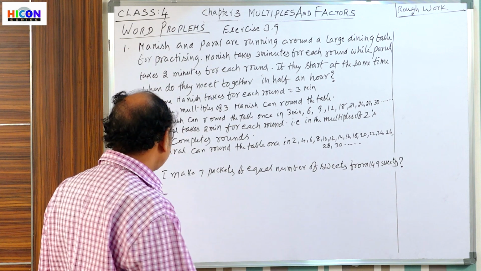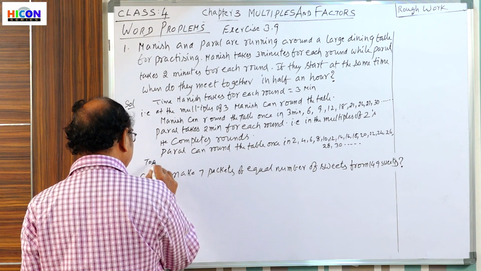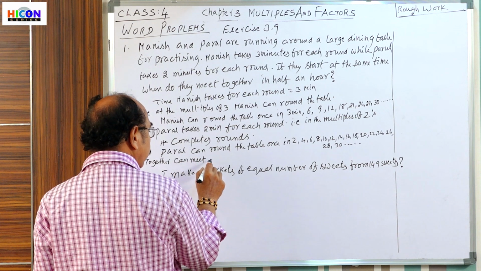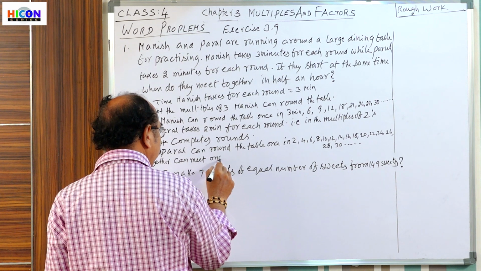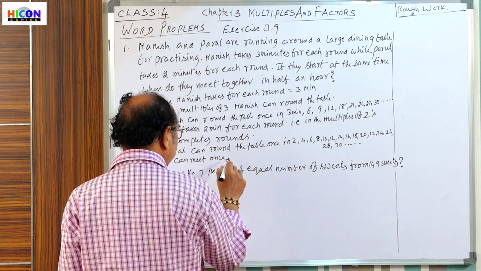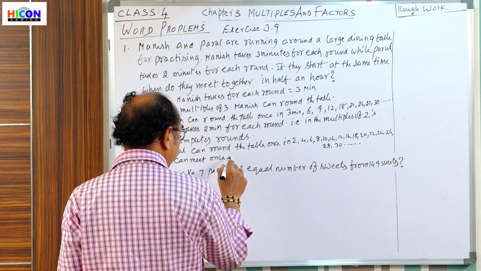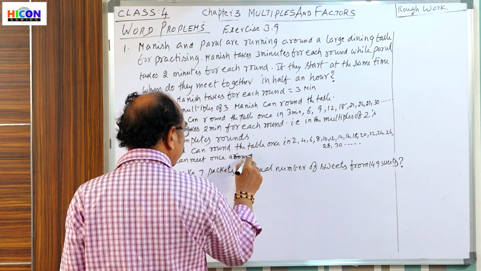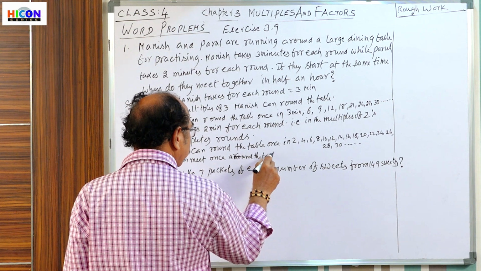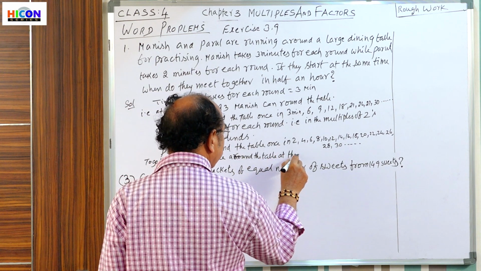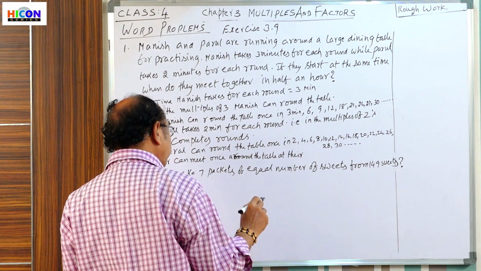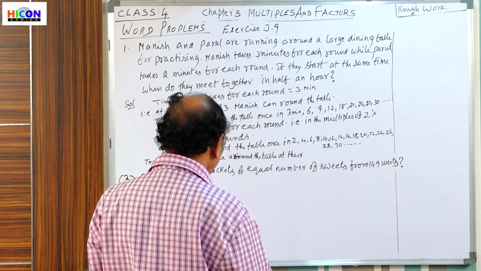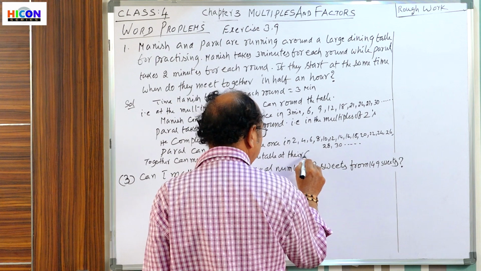Together they can meet once around the table at their common multiples.